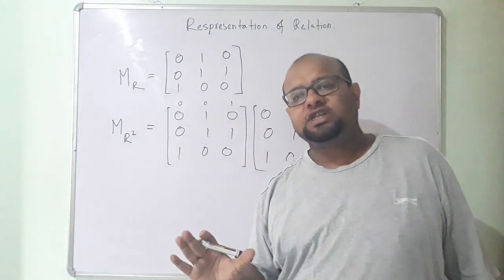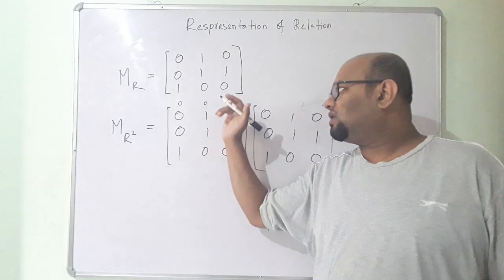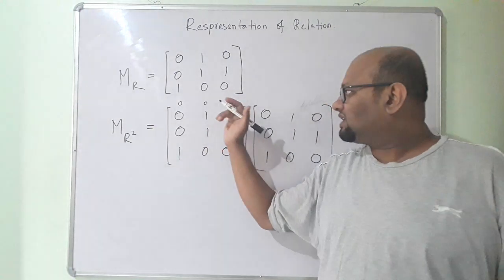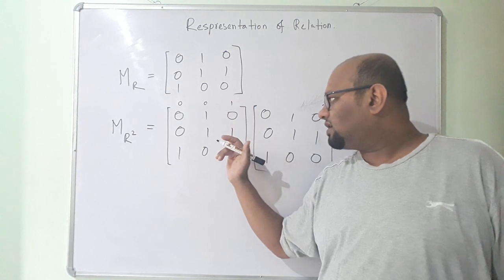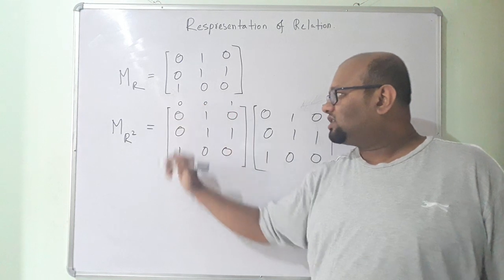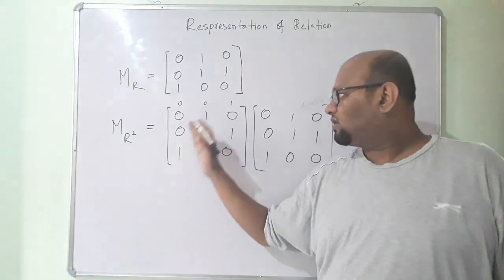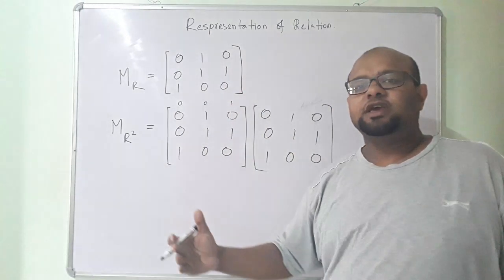So only way how this can be 1 is if I have this 1 and whatever I have, only then it is going to be a 1. This 1 and 0 will give me 0. But in the second position, I will have this 1 and 1 and that will give me a 1. This 0 and this 0 will remove these things. So I will have only this column that can give me a 1.